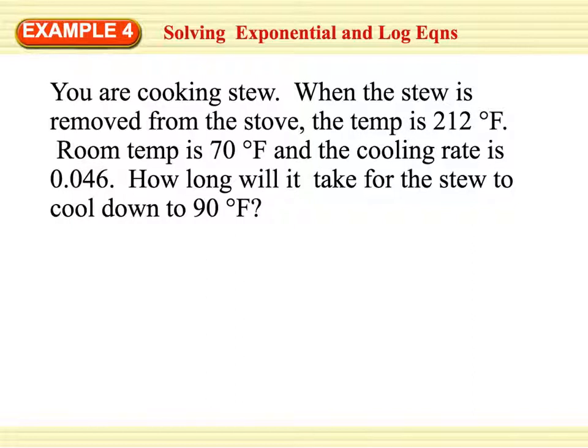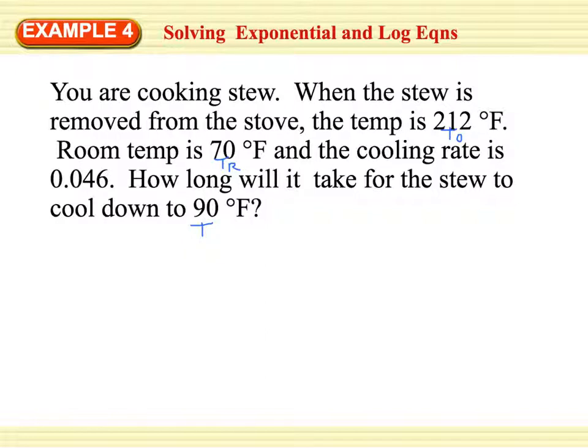So if you start out by identifying what every piece is, when we want to know how long it will take for our temperature to cool down to 90, we know that this is our temperature. We're given that our room temp is 70, or T sub R, and when we remove our stew from the stove, it's at an instant temperature of 212, or this would be our initial temp, or T sub 0.